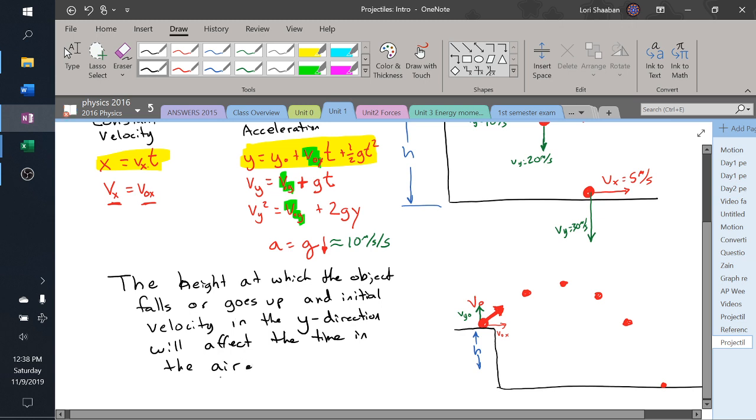That's key. Okay? The time in the air is only dependent on the initial velocity in the y direction and the height. So in this case, the height's going all the way down to the bottom.